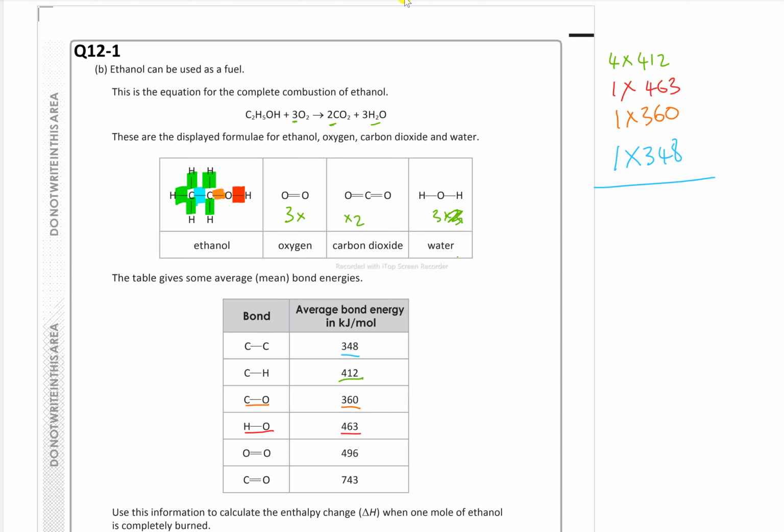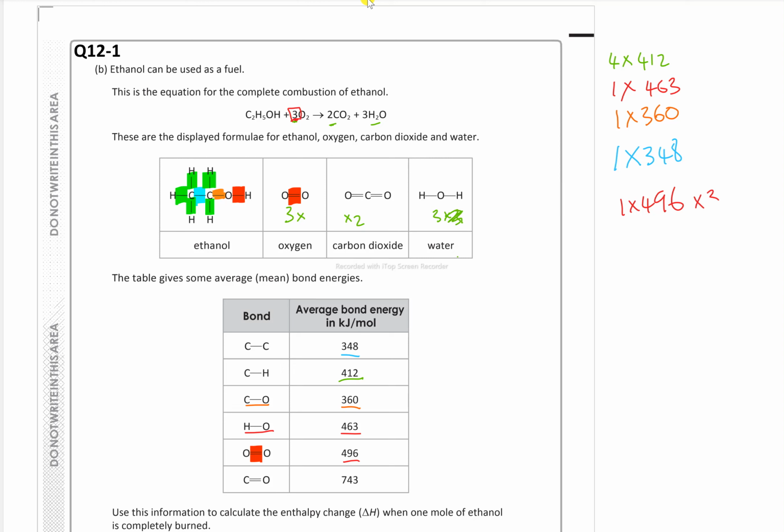Oh, we've not finished yet. I'm too eager. Right, now we've got here an oxygen, oxygen, and it's going to be 496. So we've got 1 times 496, but we've got to be careful because we've got 3 lots of that.